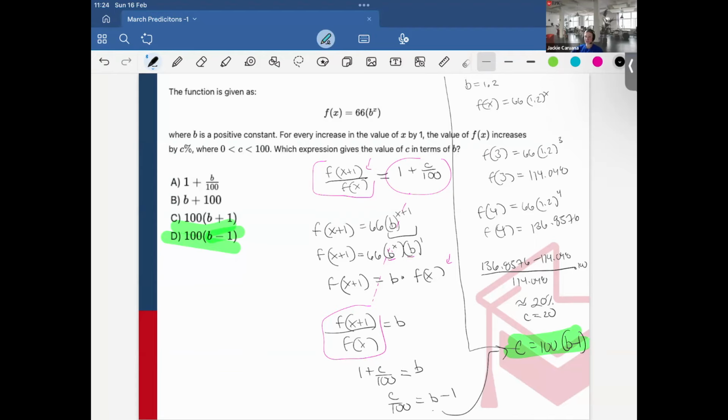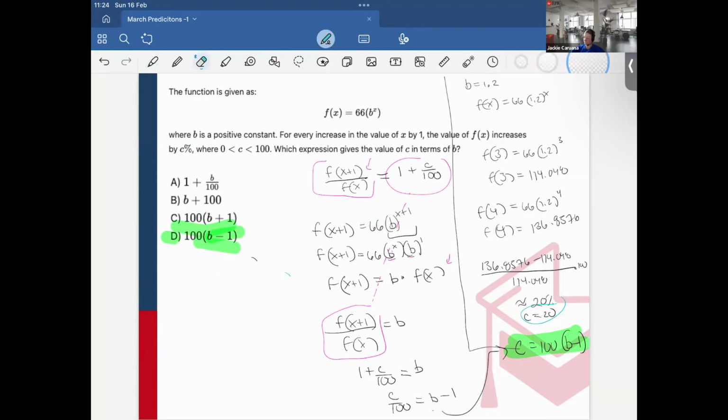And then I would just see if that matches the values when I substitute in b for 1.2. Example, 100 times (1.2 minus 1) will give me 100 times 0.2, which is 20%, which would match the prediction here.